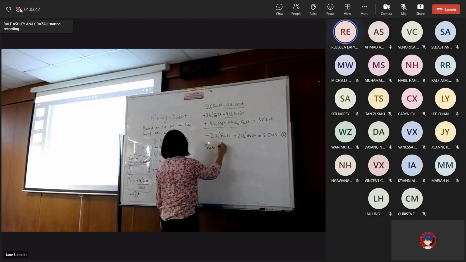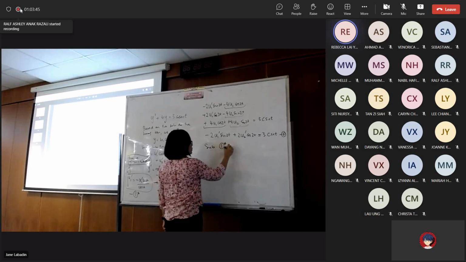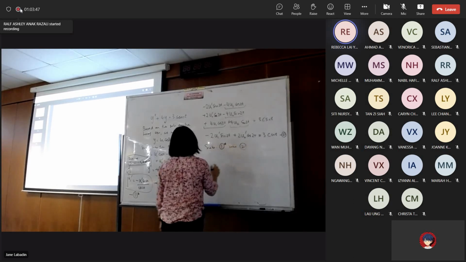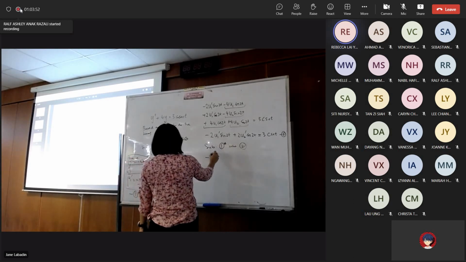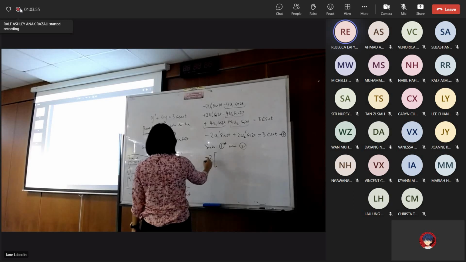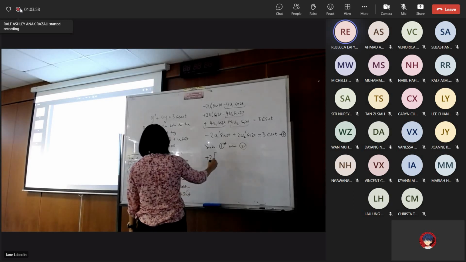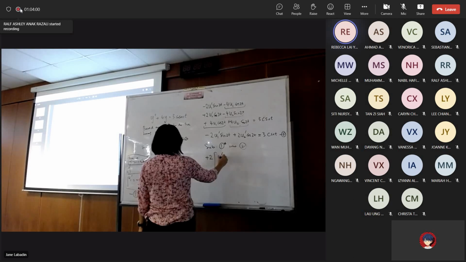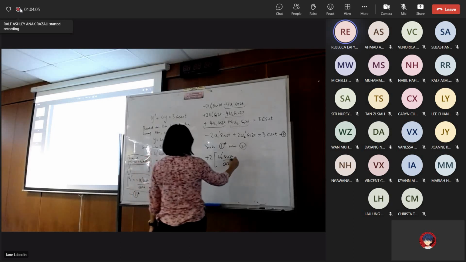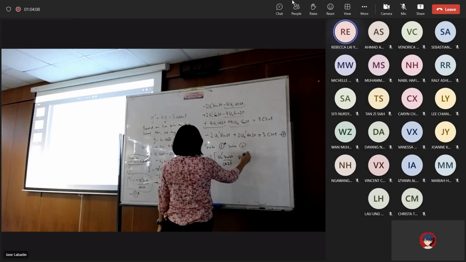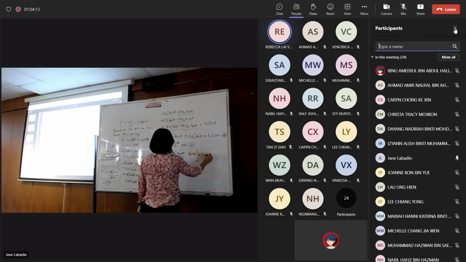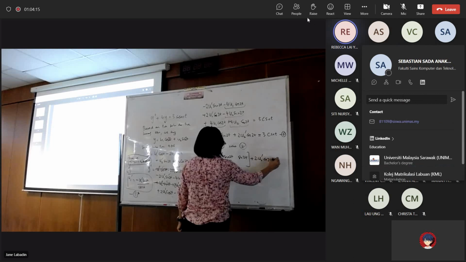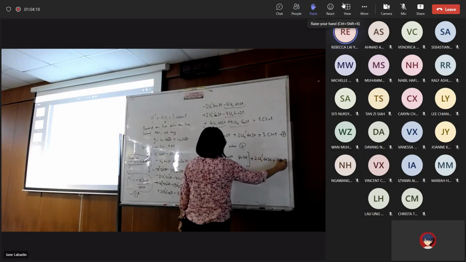Sub 1 star into 2. So we have minus 2, plus u2 prime sine 2t over cos 2t multiplied by sine 2t, plus 2u2 prime cos 2t equal 3 cosecant t.